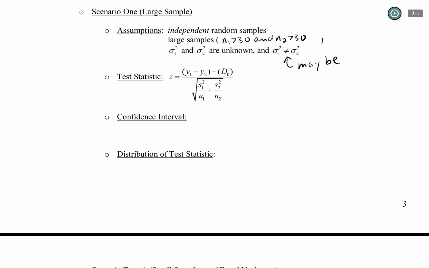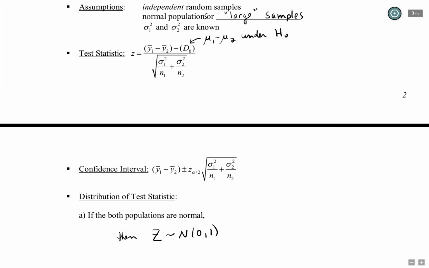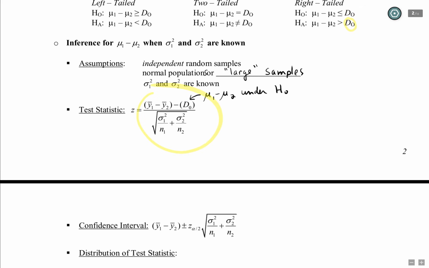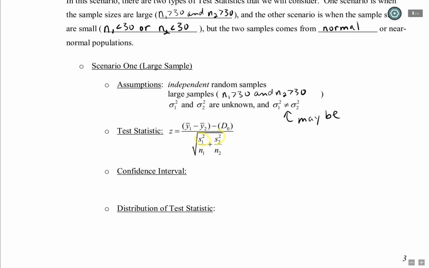The test statistic in this situation is given here. If you look at that, it is the same as before, except we have replaced our population variances with the sample variances.